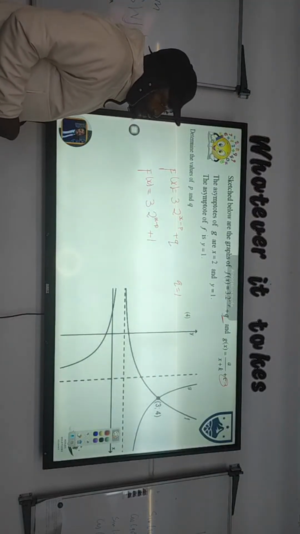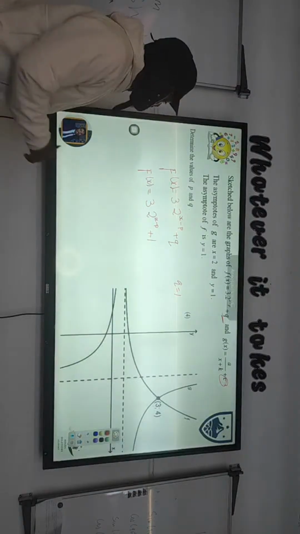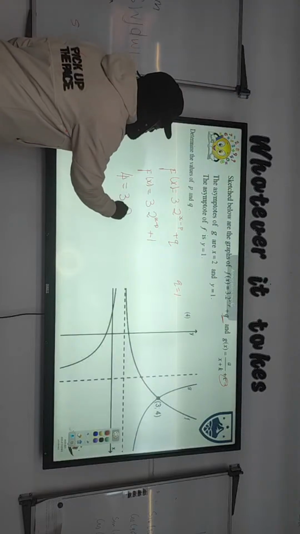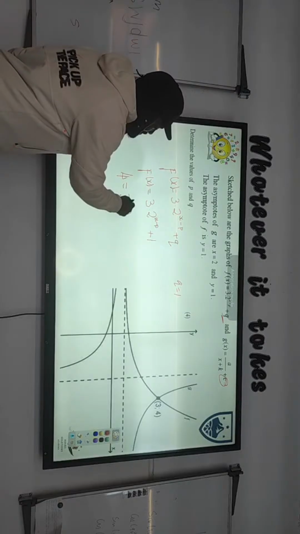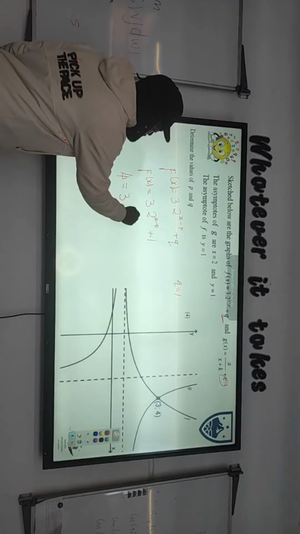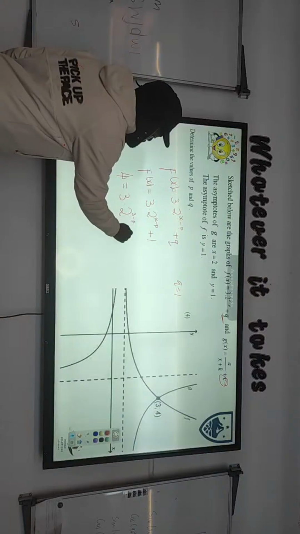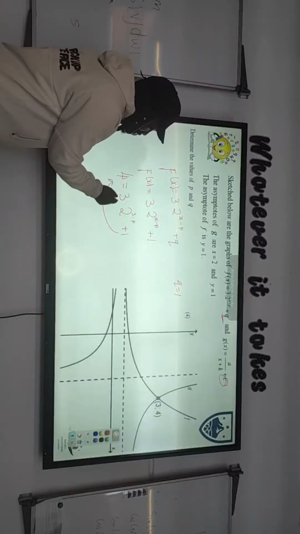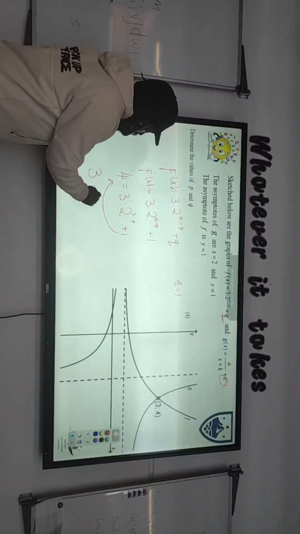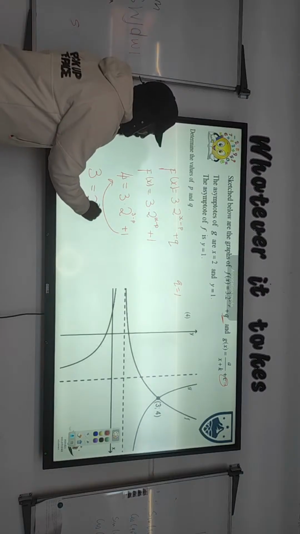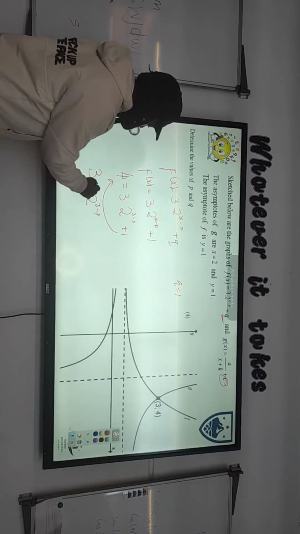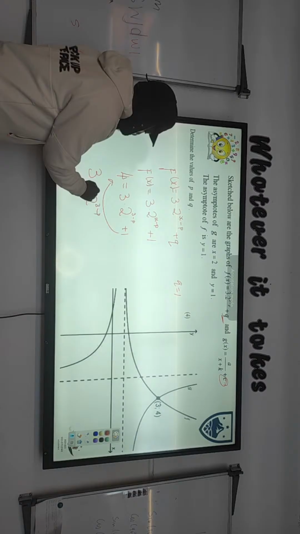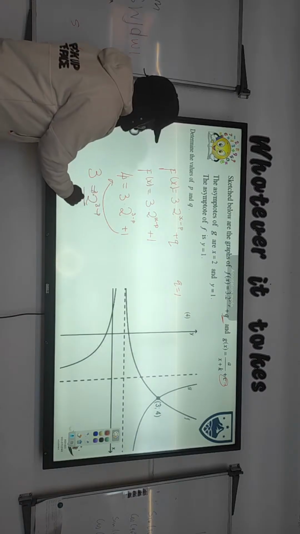So your y is 4 and your x is 3. So I have 4 equals 3 multiplied by 2. What is my x? My x is actually 3 minus P plus 1. 4 minus 1 is 3, so I'm going to have 3, and then 2 to the power of 3 minus P, multiplied by 3, and then I divide by 3 on both sides.